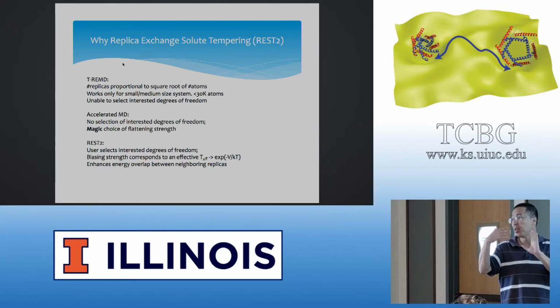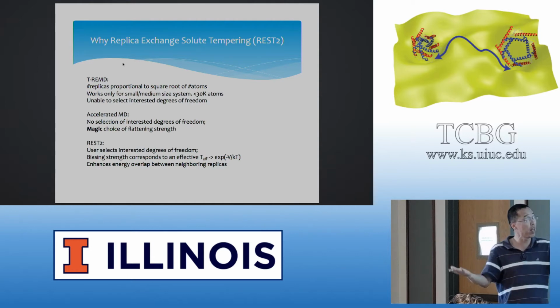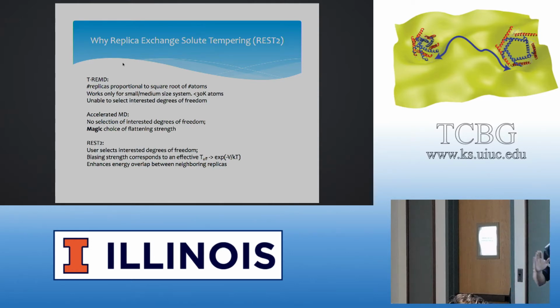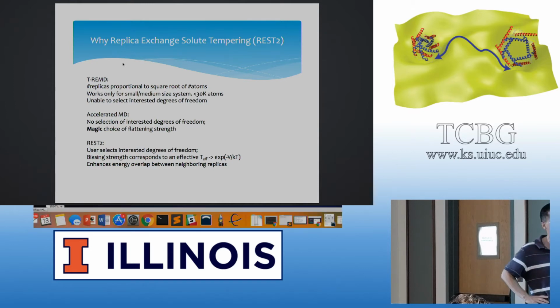But in practice, for some problems, especially molecular recognition problems, we are only interested in some slow degrees of freedom at the binding pocket or binding mode. In that case, T-REMD cannot do anything because it is still the overall kinetic energy.